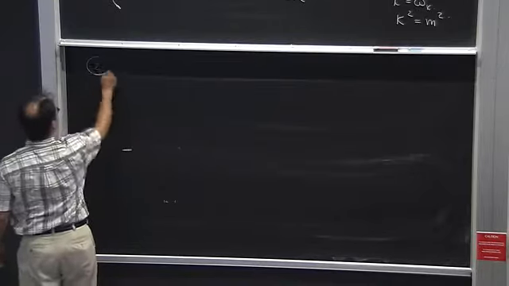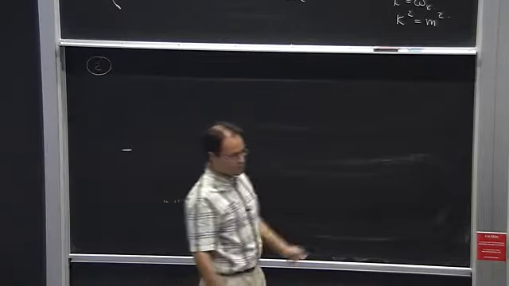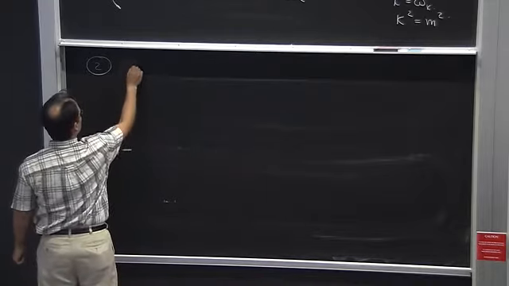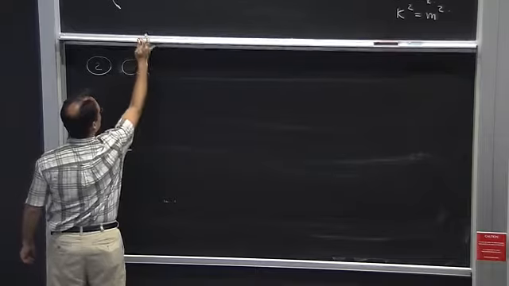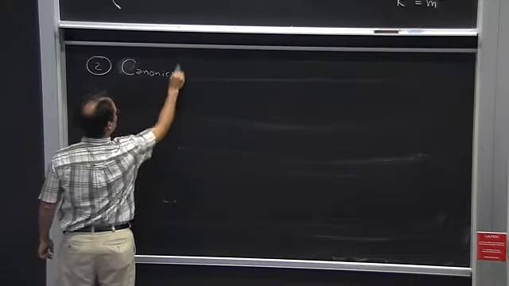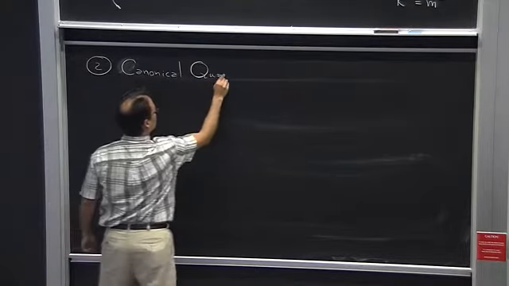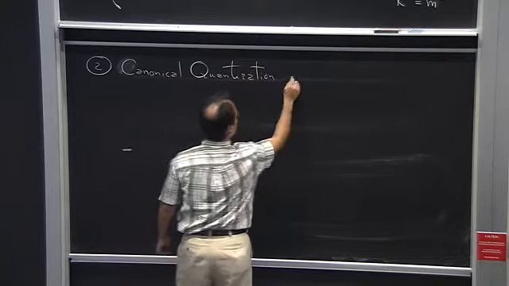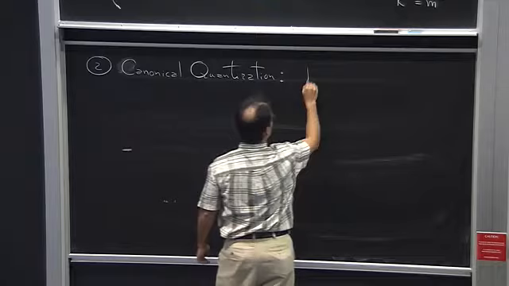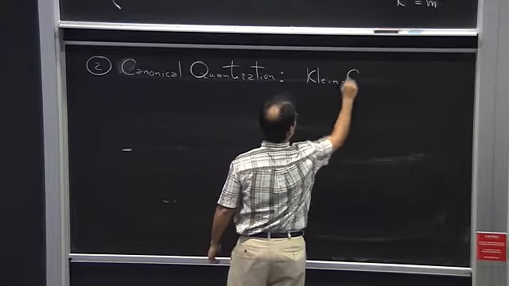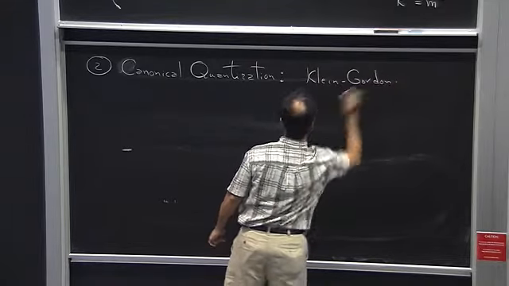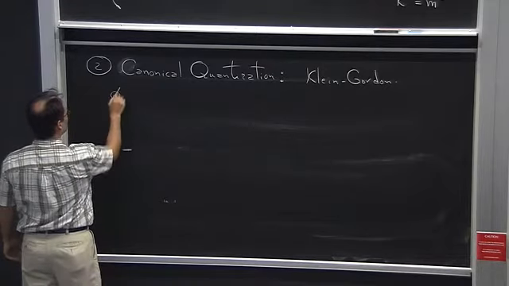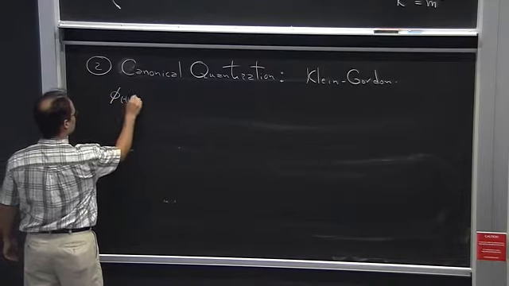Then we moved on, and we said we want to quantize this theory. And we did something called canonical quantization. Once again, we did it for the Klein-Gordon theory. And in the end, we can summarize everything by saying that we found our fields.